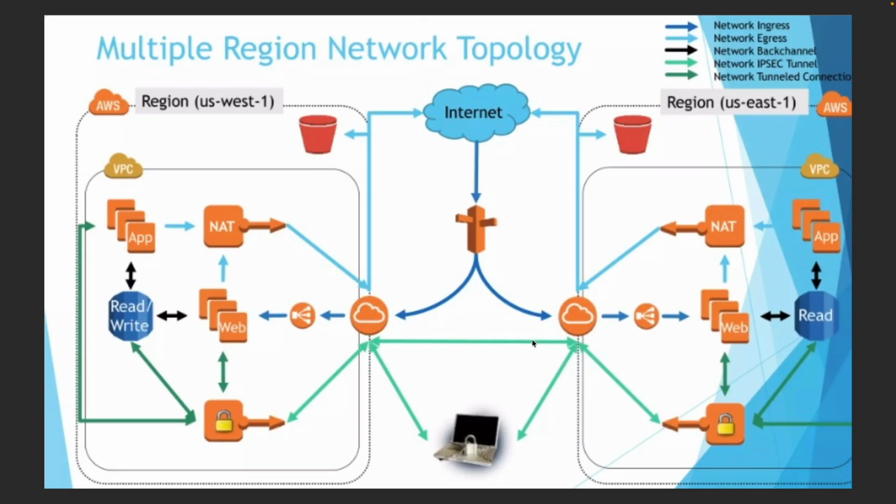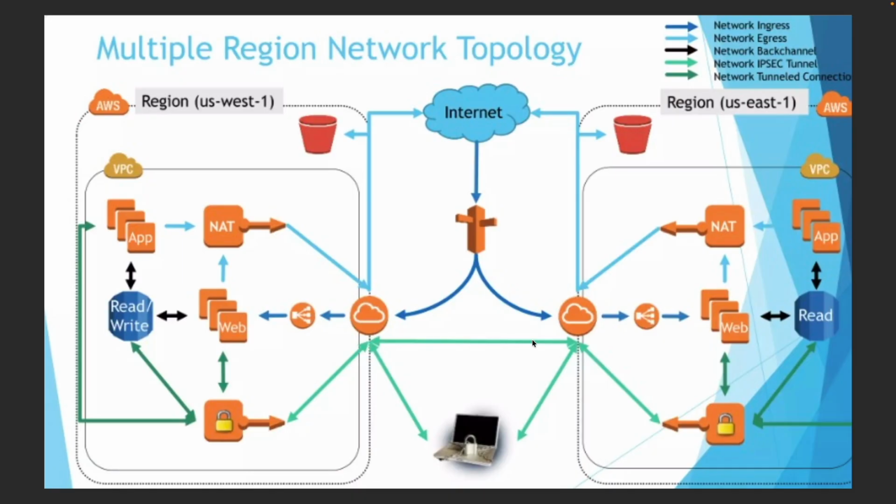Now, we're going to go into single region multi-AZ topology. In this diagram, we're taking a look at real architecture. It shows us a single region, US West 1, with two availability zones. Each availability zone contains application servers, web servers, and NAT instances.